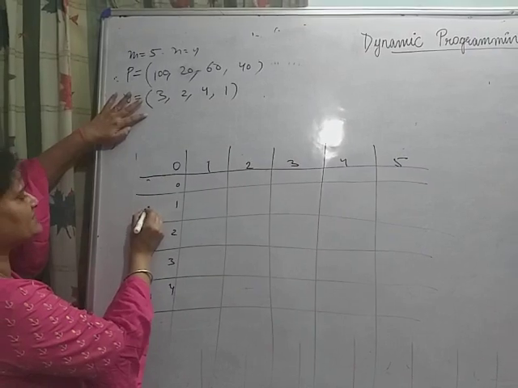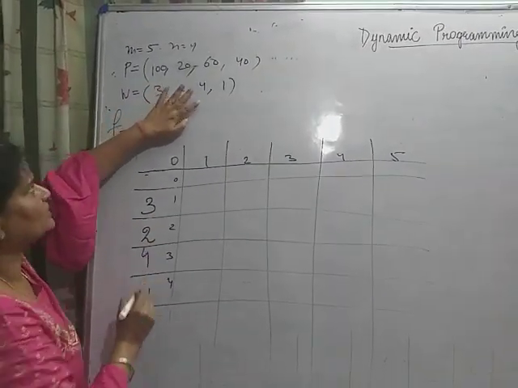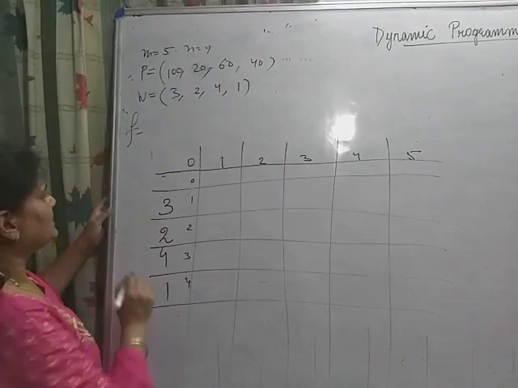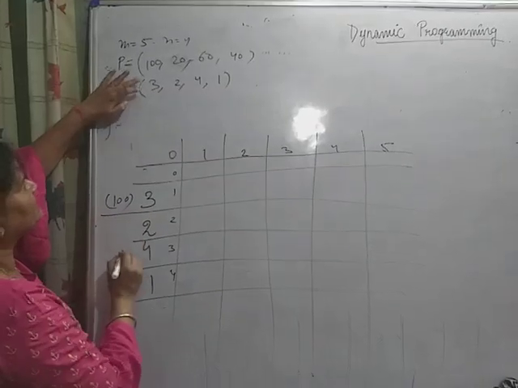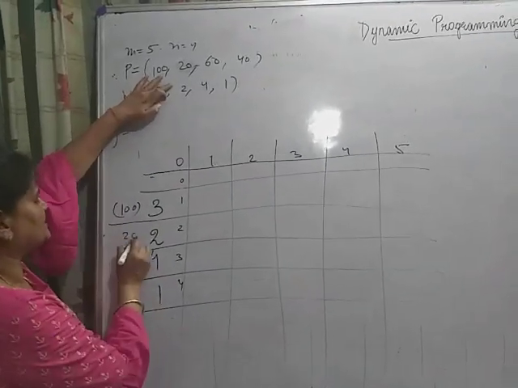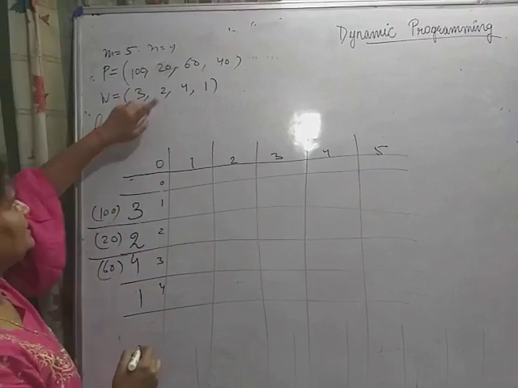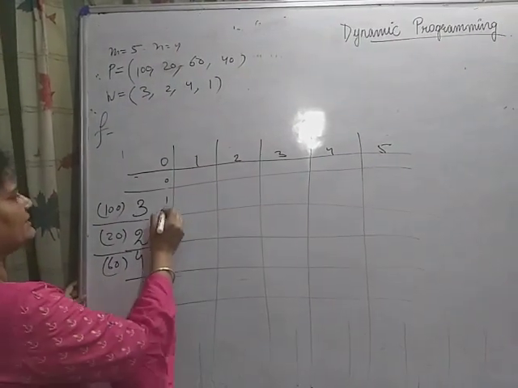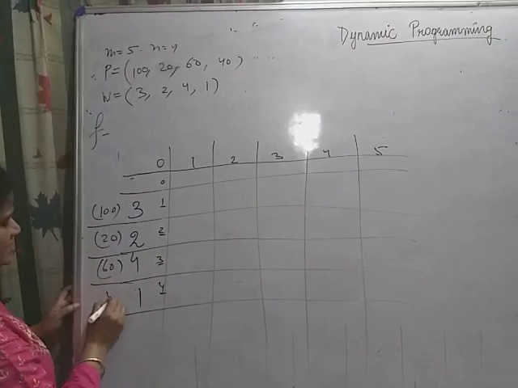The first weight is 3, the second weight is 2, the third weight is 4, and the fourth weight is 1. And here I am writing the profits: 100 corresponding to the first object, 20 corresponding to the second object, 60 corresponding to this object, and 40 to the last.